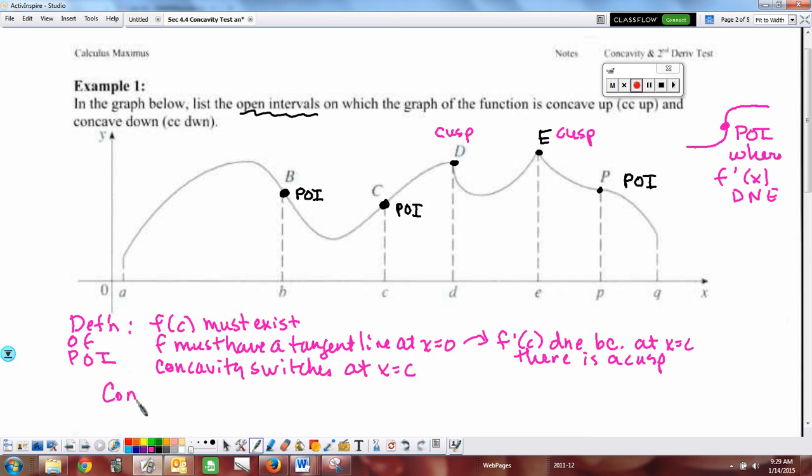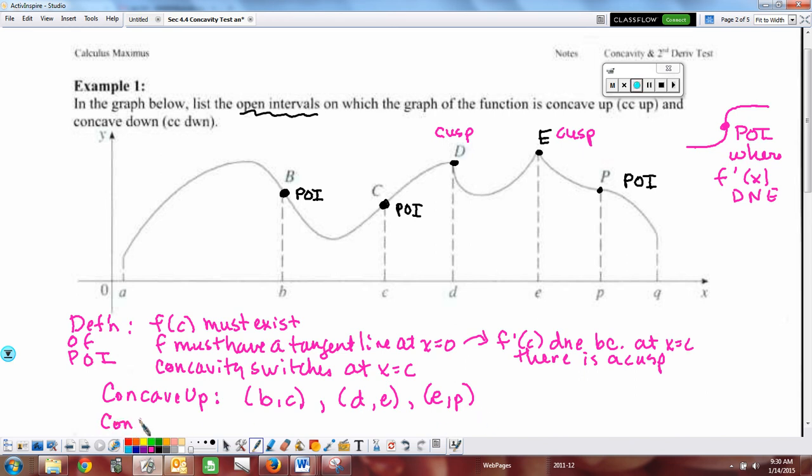We would say this graph is concave up from B to C, from D to E, and from E to P. And yes, I am going to split that right there because the derivative does not exist at E, so it's not really considered concave up through the whole thing. So we're just going to split that, and that would be it.